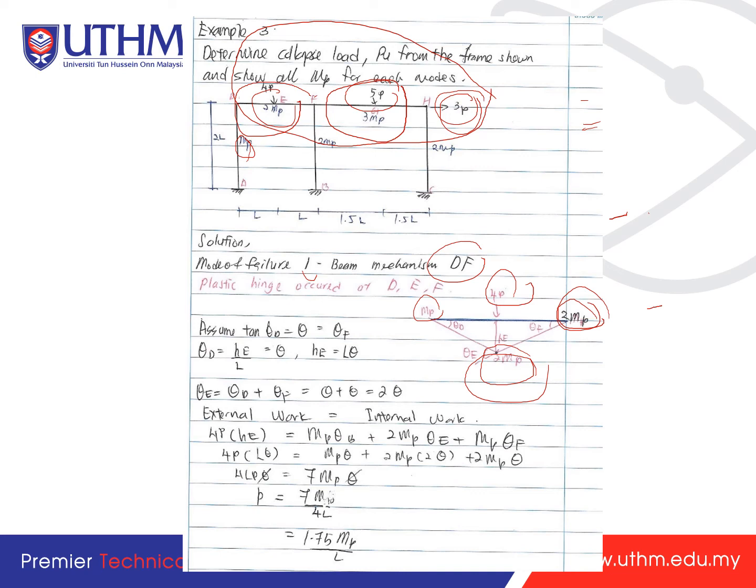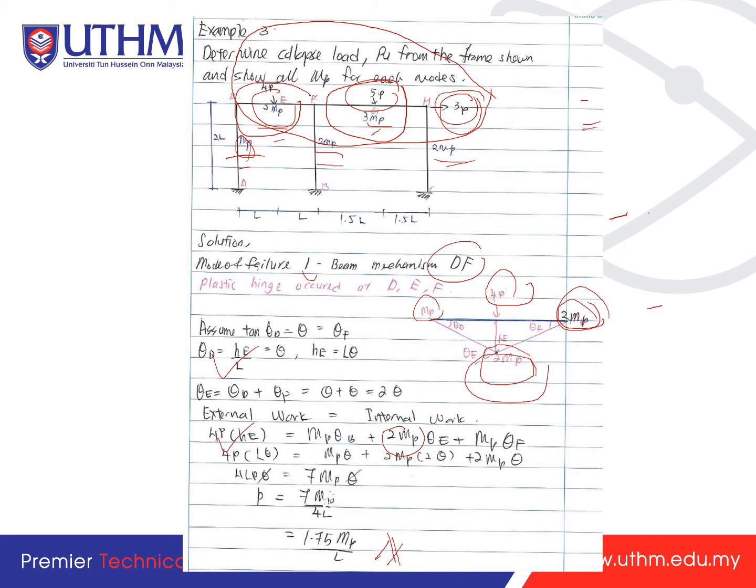So when you solve it, okay, you solve the theta and then you put in the external work, and for the internal work you need to be careful when the 2 theta is putting in 2 MP, okay. So when the beam has 2 MP, MP, 3 MP, 2 MP and MP, different values, you need to be careful with it. Don't make mistakes here. So after you solve it, you will get P is equal to 1.75 MP over L for this first mode.